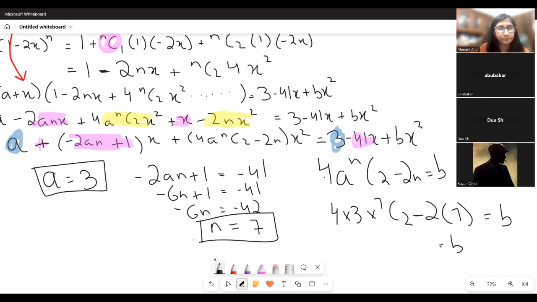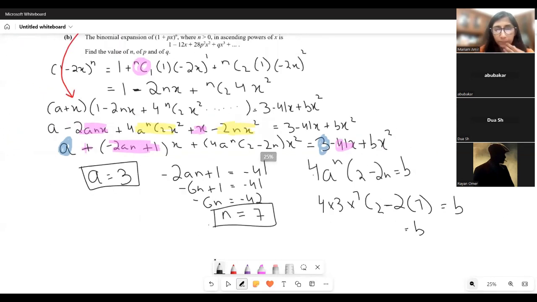It's not a power n, it's a times nc2. I think I multiplied wrongly.